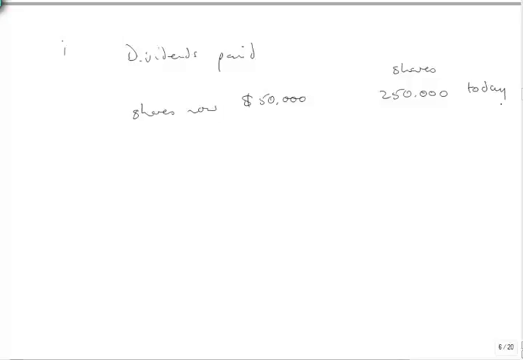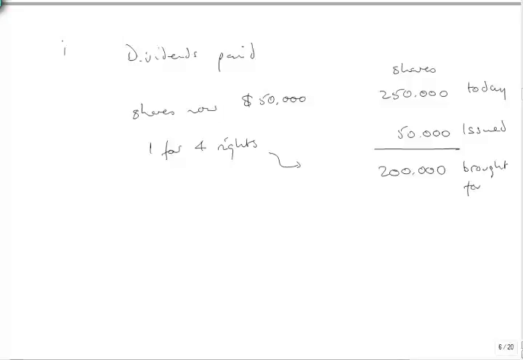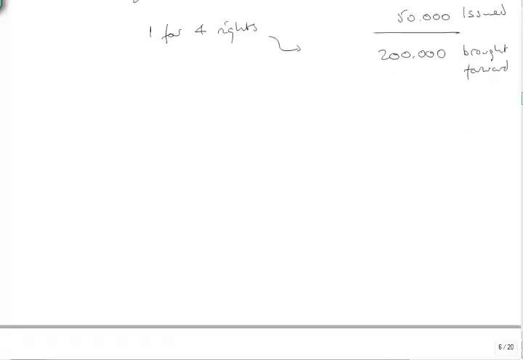But that's after the rights issue. So if it was a 1 for 4 rights issue, then the figure before must have been 200,000, and 1 for 4 applied to 200,000 will give me that 50,000 issued partway through the year. So brought forward must have been 200,000 shares. Now the dividends.